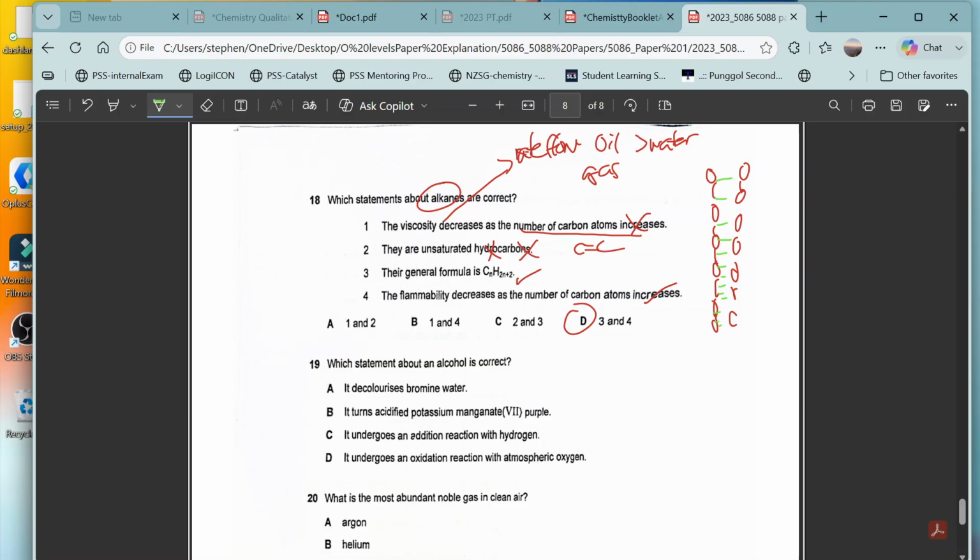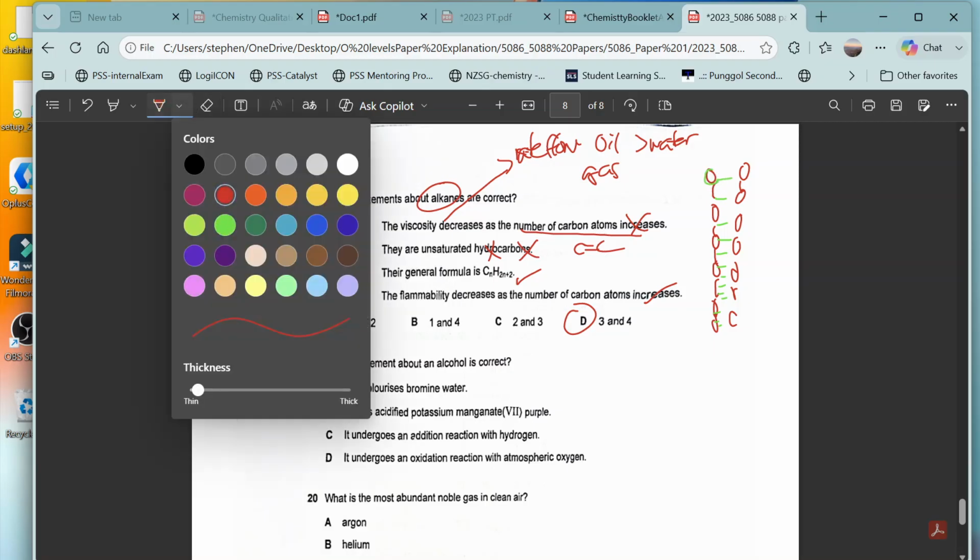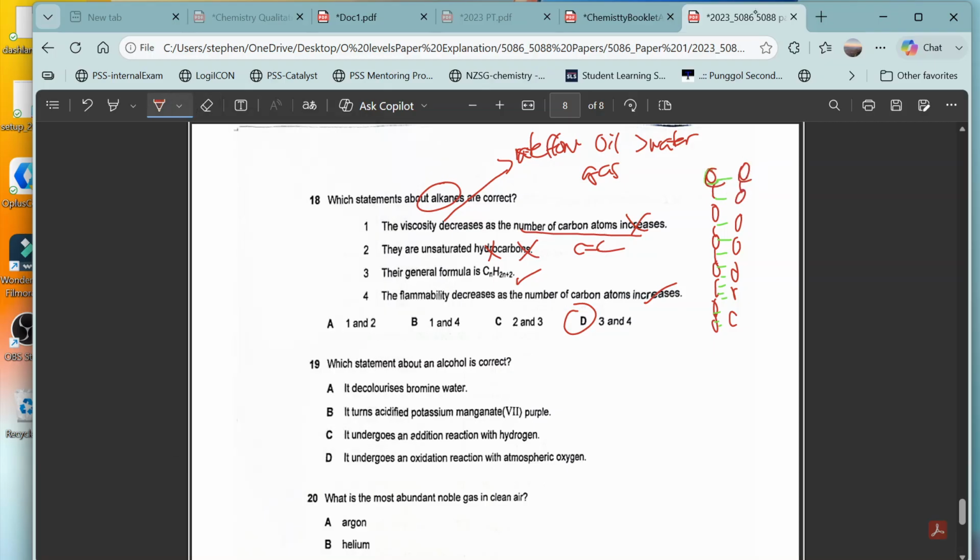Is it easier to move the molecules around? By the way, this is C. This is C, not a molecule. Sorry, why don't I draw over here? C, C, C, C.